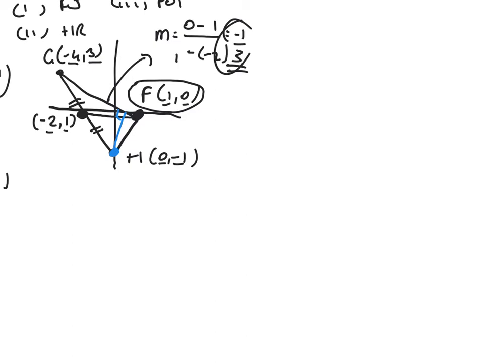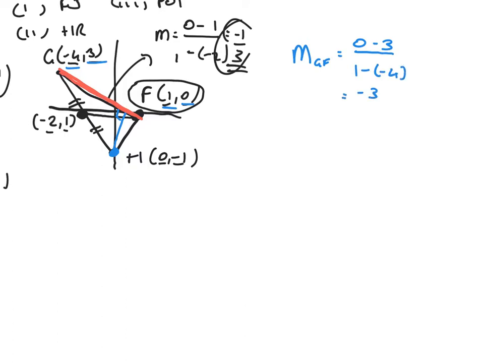Now to get the gradient, we'll need to find the gradient of GF and then think about perpendicular lines and how that affects the gradient. So let's first of all find the gradient of GF. So that will be 0 minus 3 over 1 minus -4.